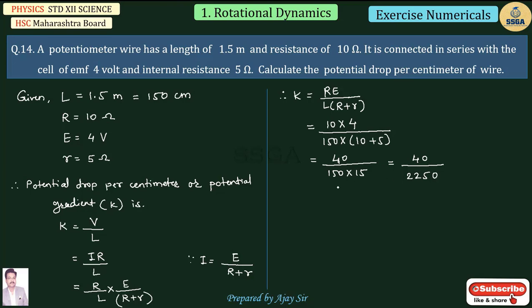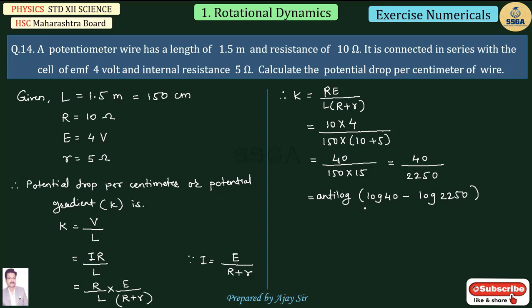So this will be the antilog of log A minus log B, where A is the numerator and B is the denominator. So we can write the antilog of log 40 minus log 2250. Let us find the characteristics. The characteristic of 40 is 1, and 2250 has four digits, so its characteristic is 3.